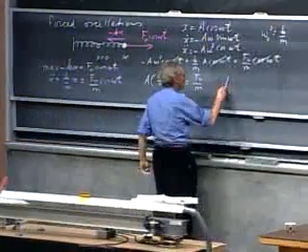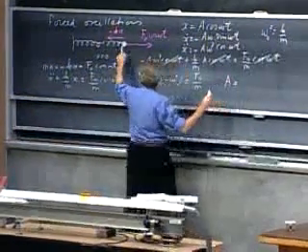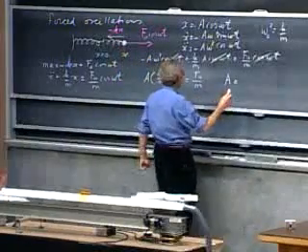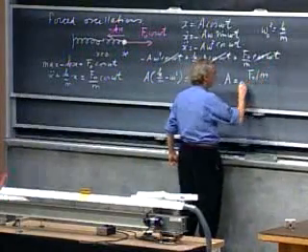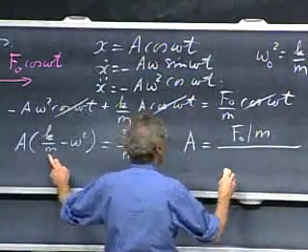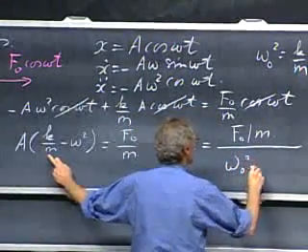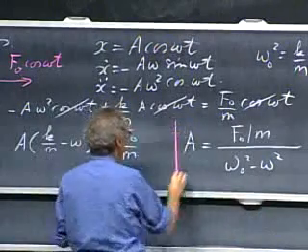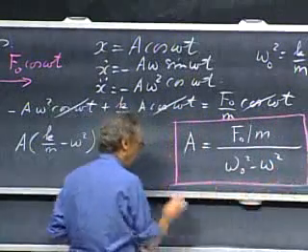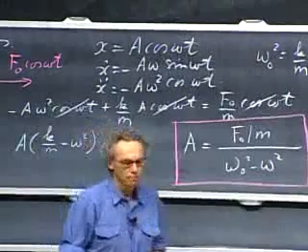And so I find then that the amplitude of this object here at the end of the spring will be F0 divided by m divided by omega 0 squared minus omega squared. And this amplitude has very remarkable characteristics.